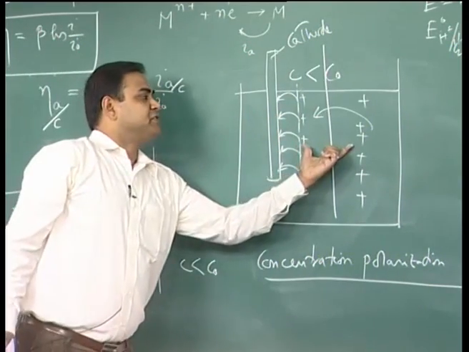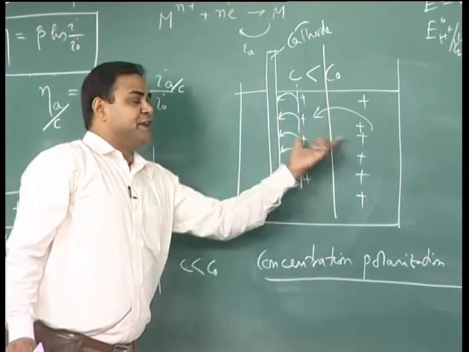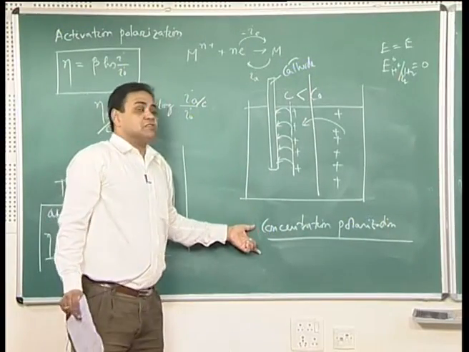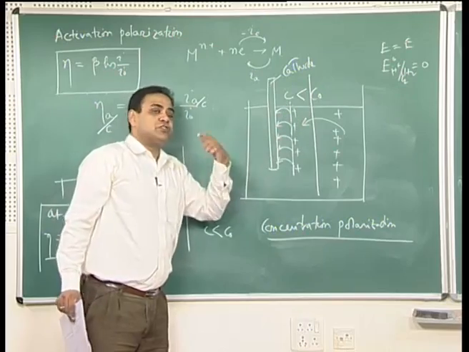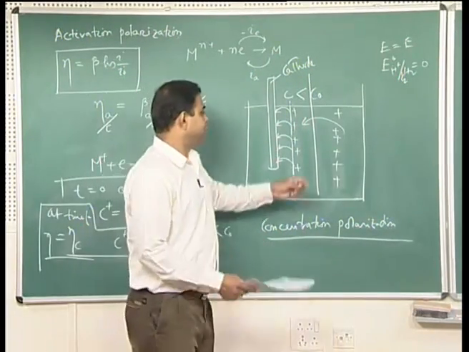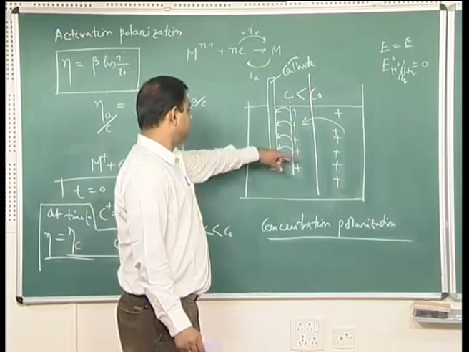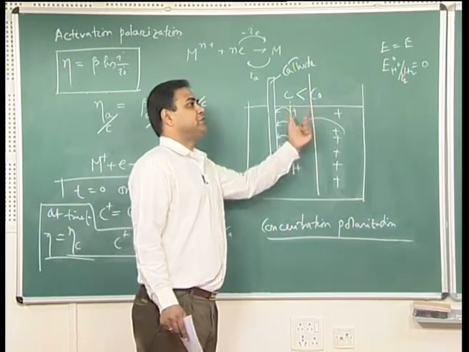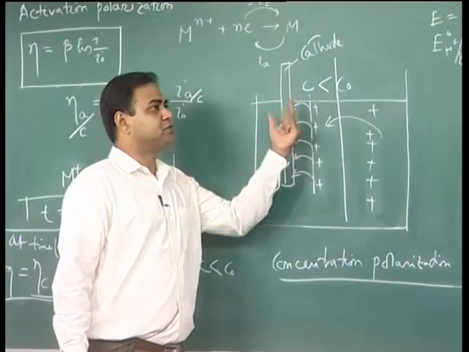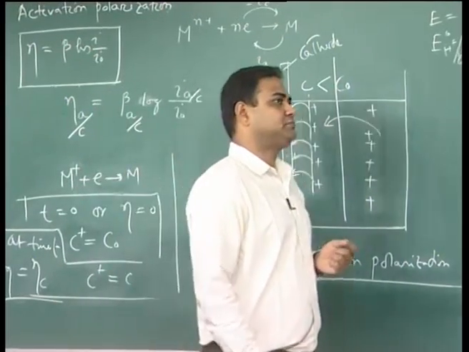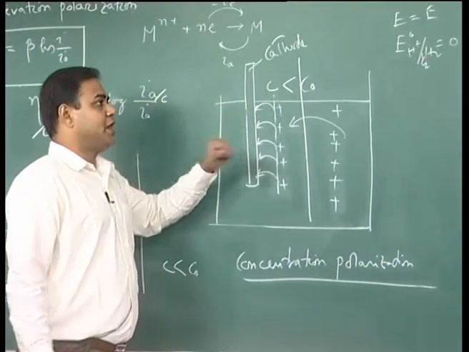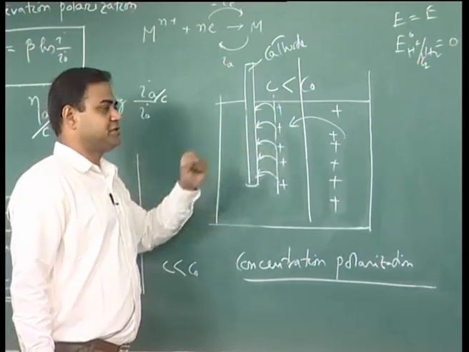My controlling step would be diffusion, and the polarization because of this diffusion is called concentration polarization, and that is happening because of the difference in concentration at these two sections, rather than the actual charge transfer reaction, the actual activation jump of these ionic charges from this surface to this surface.